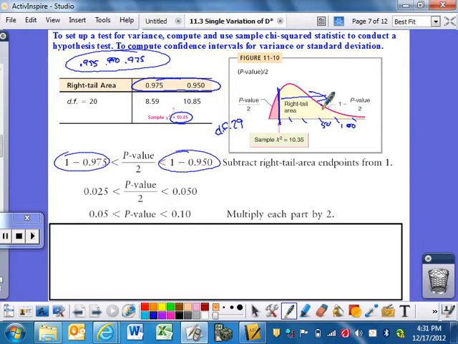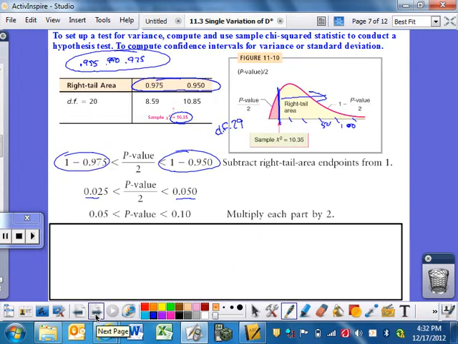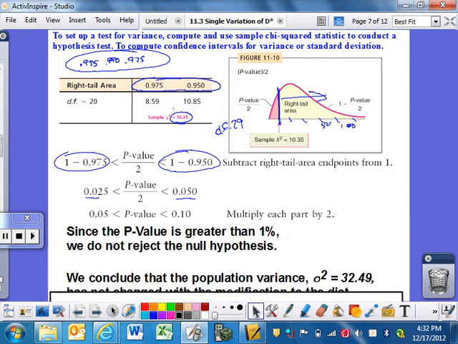Hopefully that kind of makes sense. Now this is going to be the interval when you subtract it from 1, about 2.5% to 5%, for the one tail alone. Now this was a two-tailed test, so that's where it gets tricky. You subtract from 1, and then you end up having to multiply this by 2 to get the two-tailed part.